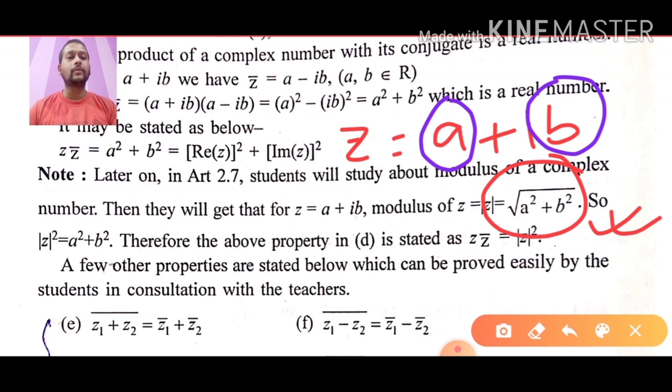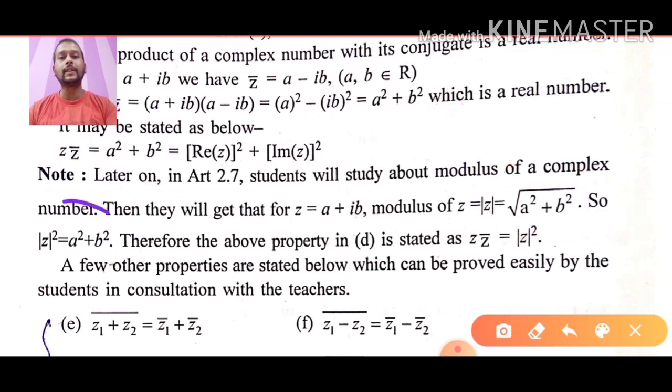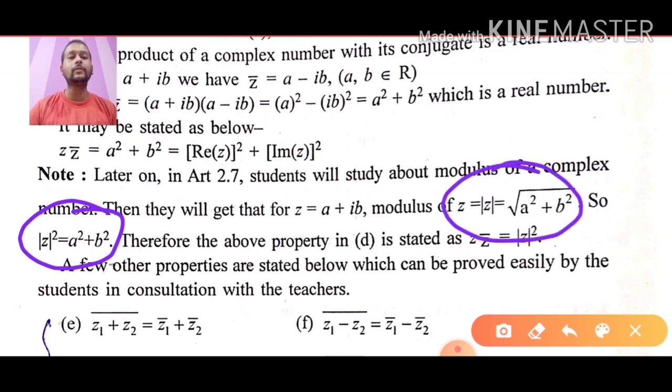And when you square both sides, we have a square plus b square. So this one you have to do. Modulus of z is root over of a square plus b square.